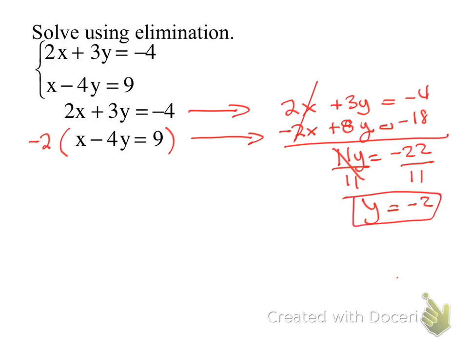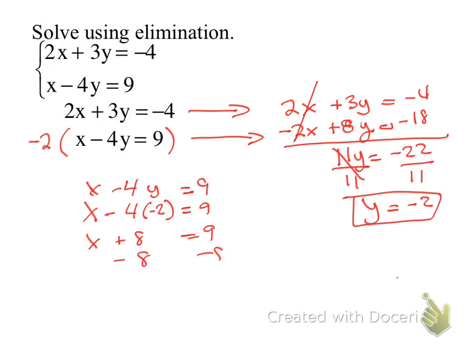Okay, if y equals -2, I can go back to x minus 4 times -2 equals 9. x plus 8, right? Subtract 8, x equals 1. So it's 1 comma -2 is the solution.